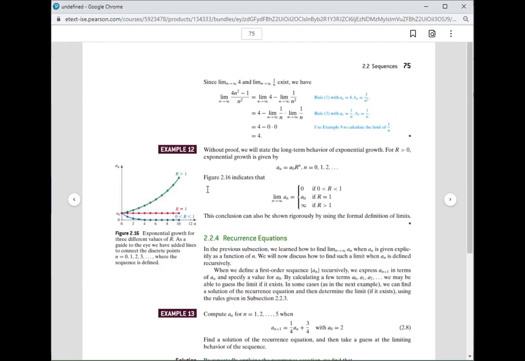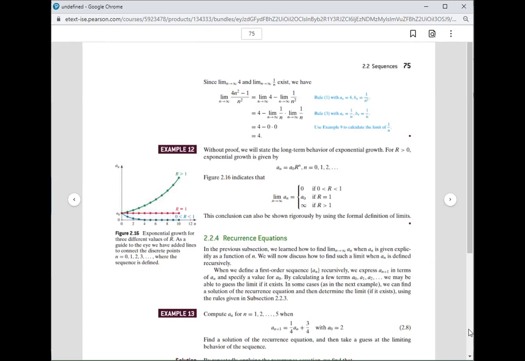And this figure indicates that if r is between 0 and 1, it will go to 0. But for r greater than 1, the limit equals infinity. Yeah, you can draw it.